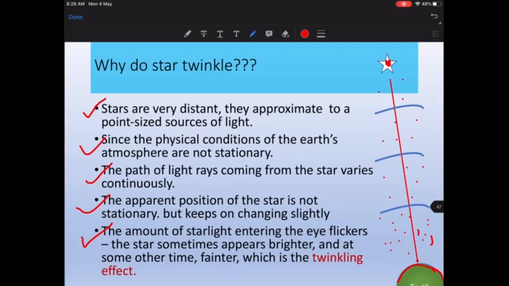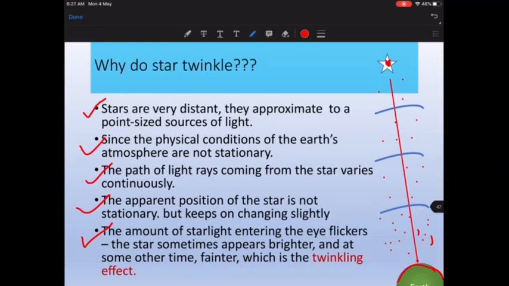Sometimes the star would appear bright and sometimes a little fainter. If the environment is stable, it would appear much brighter to you. If it is waving, if it is flickering, then the starlight would appear twinkling to you, a little fainter.